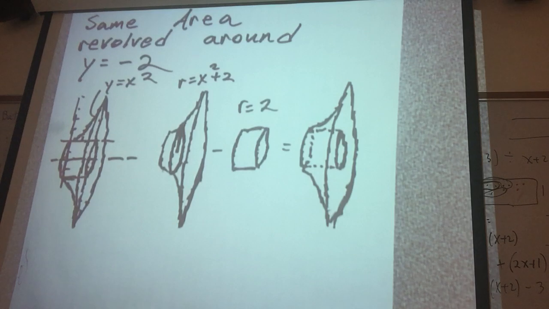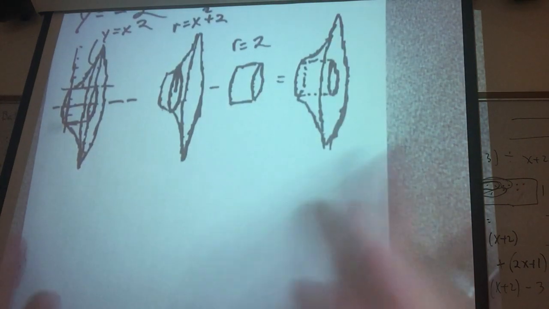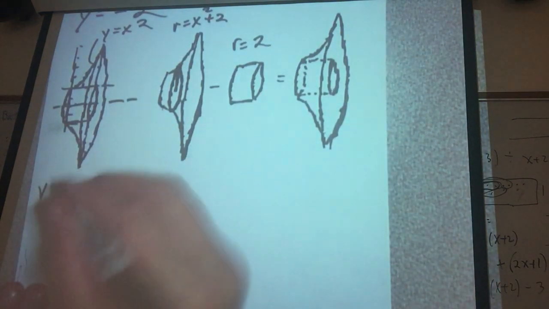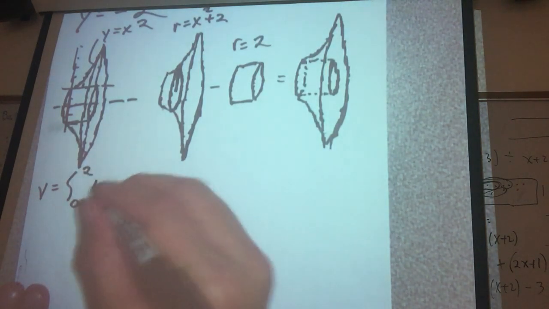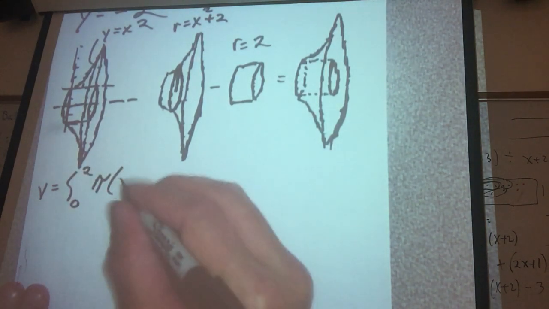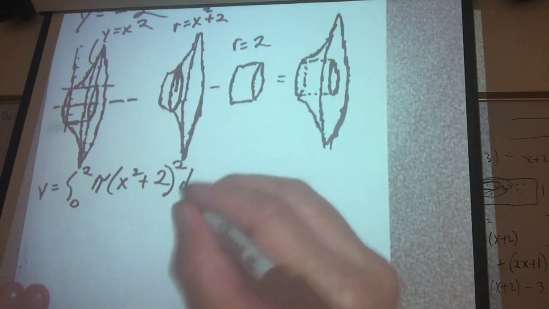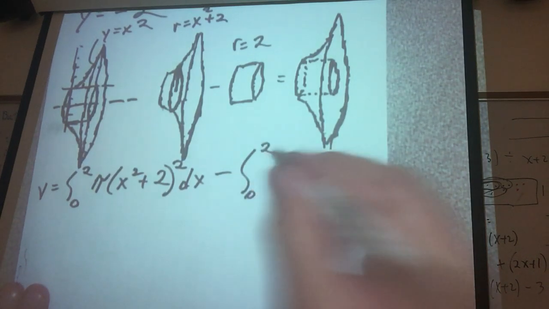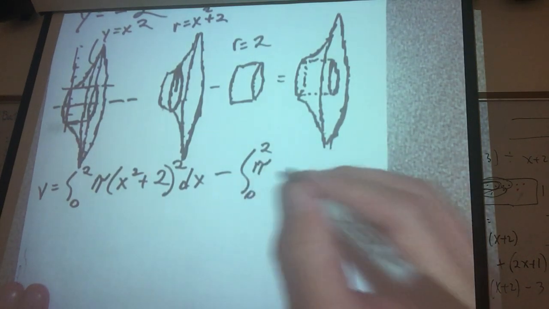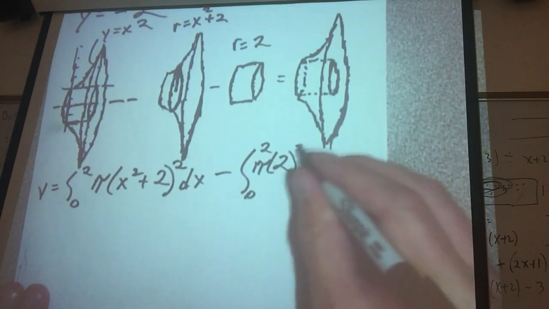Okay, so how are we going to do this? This is going to become the integral from 0 to 2 of pi times (x squared plus 2) squared dx, and then subtracting the integral from 0 to 2 of pi times, let's put it within parentheses.